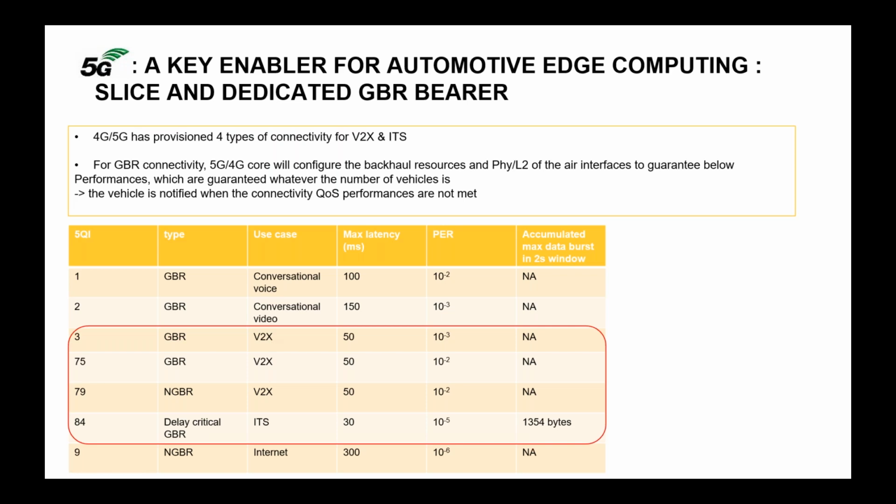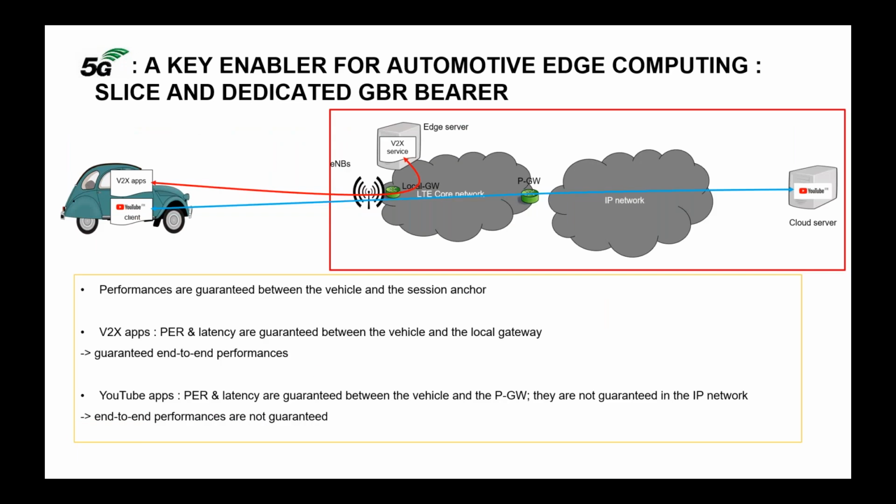The API partially exists, so it exists between the edge node and the 5G core network, but it's not specified yet at the upper level to be directly used by the application. Okay, that's it, basically.